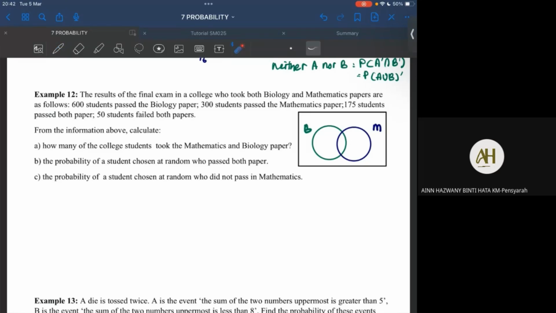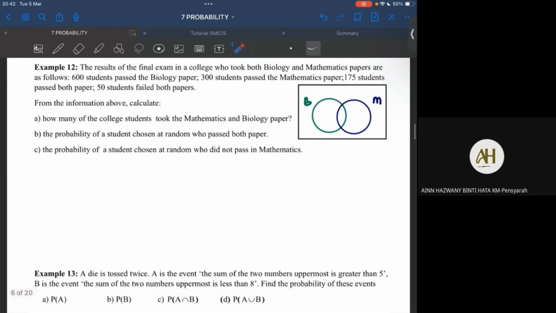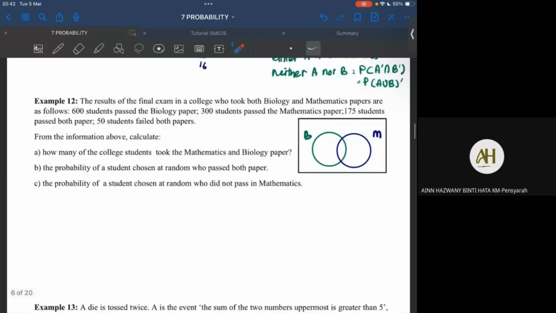Okay, okay. 600 student pass the biology paper. So 600 students ialah keseluruhannya. 600 ialah keseluruhan. 300 student pass the mathematics paper. So 300 ialah keseluruhannya. So we have to know the intersection.